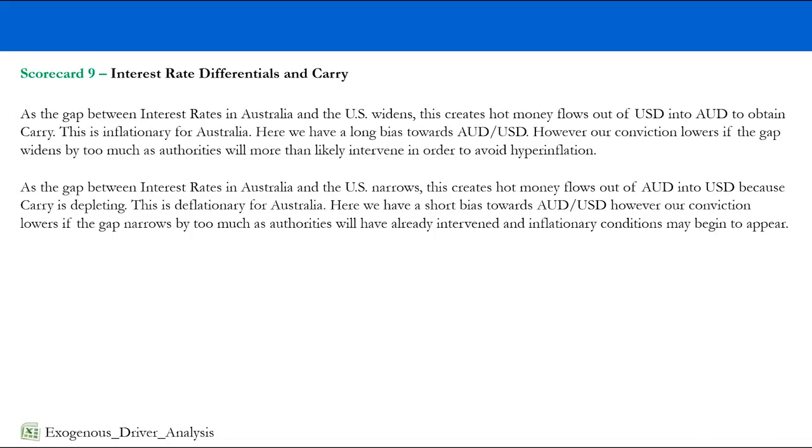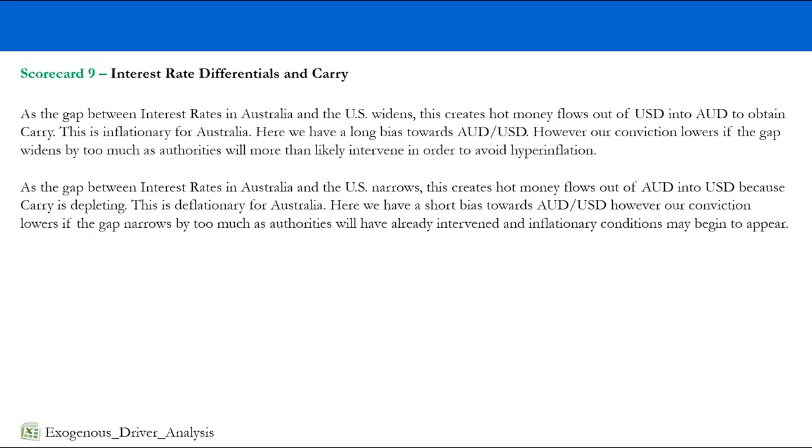So hot money flows out of Australia looking for a higher interest rate, or relatively higher interest rate compared to the previous period in the United States. So the carry between the US and Australia is depleting. And this is deflationary for Australia. So we have a short bias towards the Aussie dollar, US dollar.